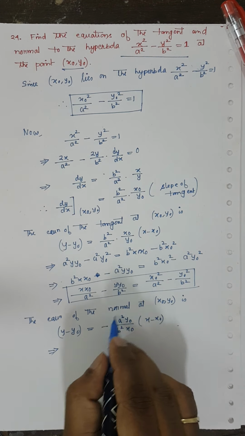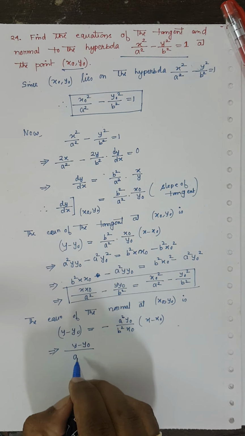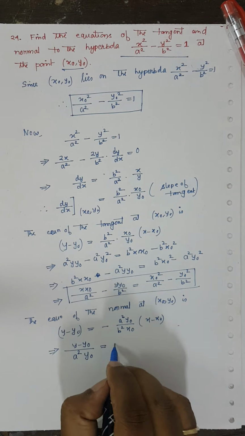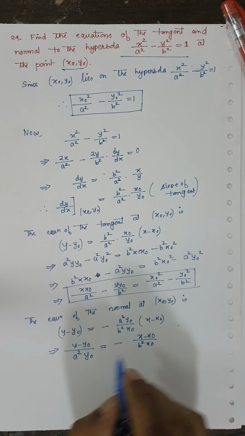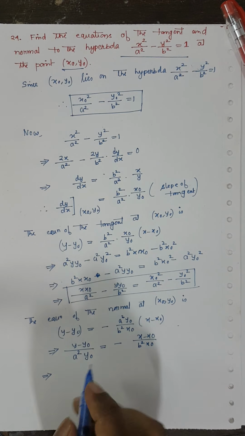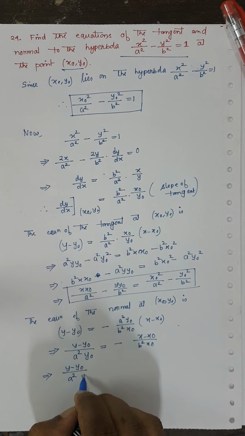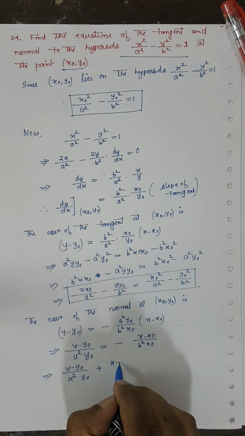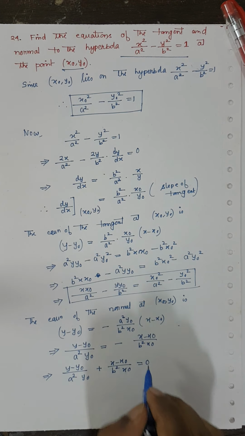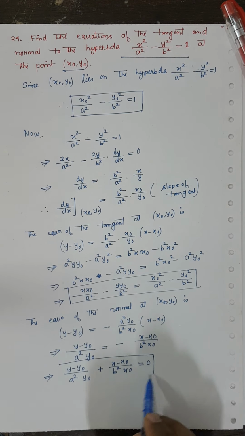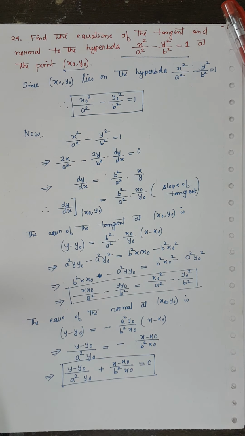Now if you divide on this side, you will get y minus y naught by a square y naught equal to minus of x minus x naught by b square x naught. Therefore if I take this to this side, I'll get y minus y naught over a square y naught plus x minus x naught over b square x naught is equal to 0. This is the equation of the normal at the point x naught comma y naught.